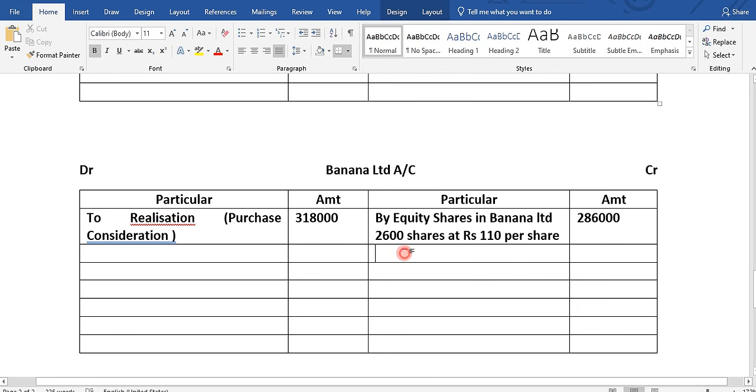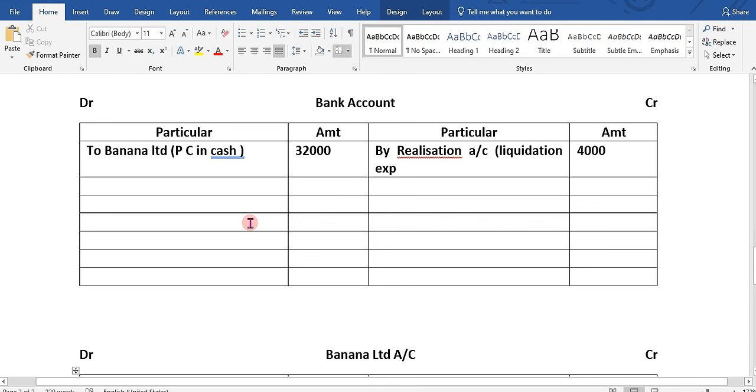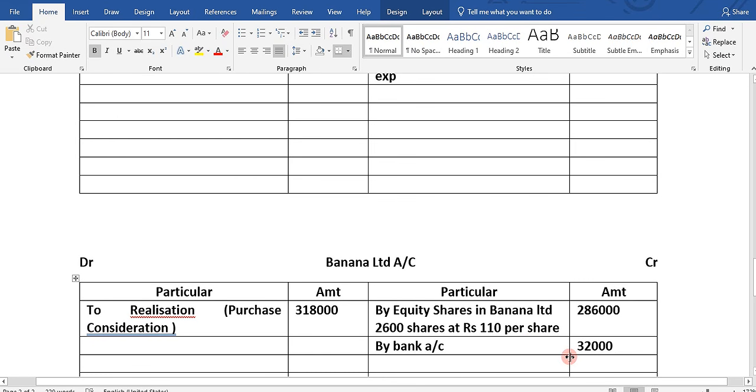The second effect we have to do in the Banana Limited account, that will be by bank account 32,000. Clear? So first effect here and second effect in Banana Limited account, 32,000.